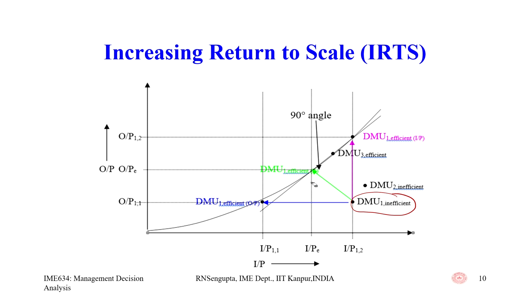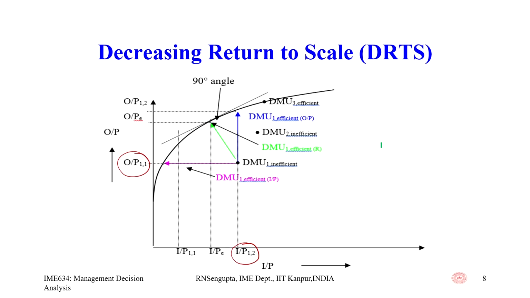So, if I consider this, the movements are such that the green one would be trying to balance both of them. Now, let us see how the balance comes up for the pink, blue and the green. If I consider the pink one, it means that I am keeping the input fixed and increasing the output, exactly the same way we would have considered in the first diagram, decreasing return to scale, keeping input fixed and increasing the output.